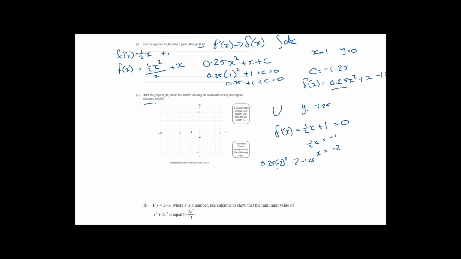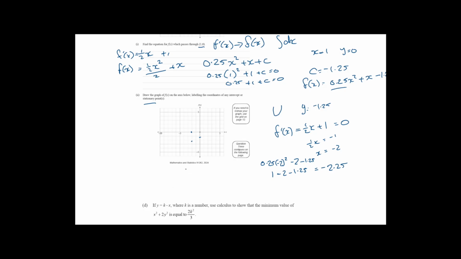So 0.25 times 4 is going to be 1, minus 2, minus 1.25. It's going to be minus 2.25. So it's going to be minus 2 and then minus 2.25 about there.